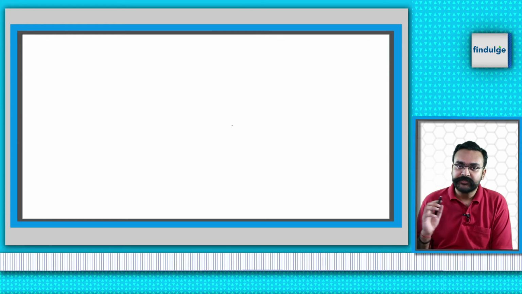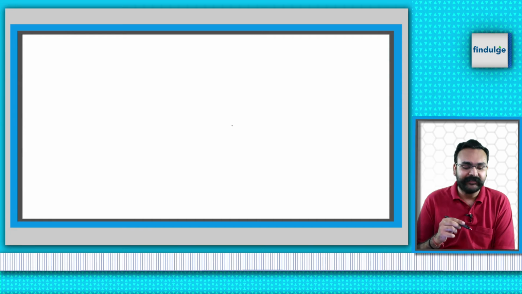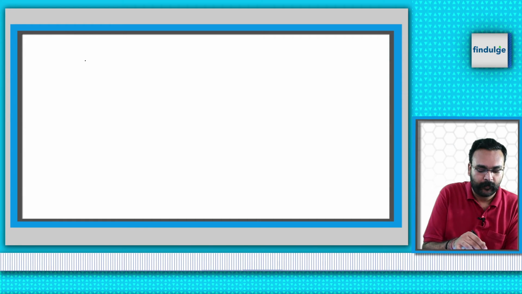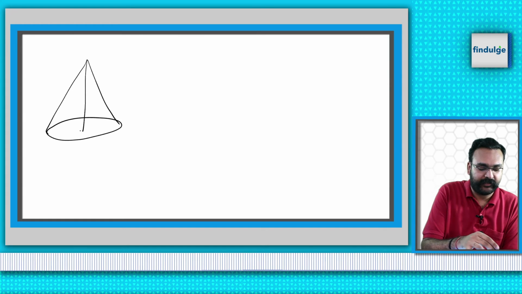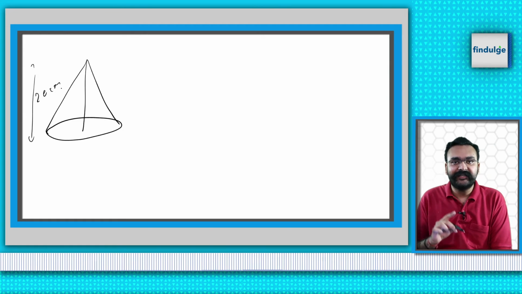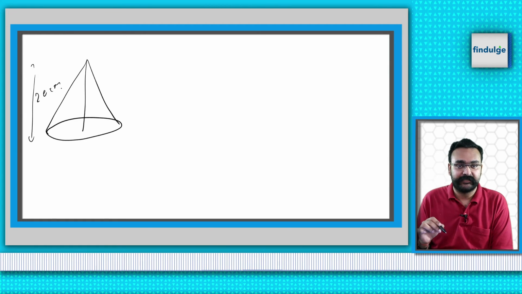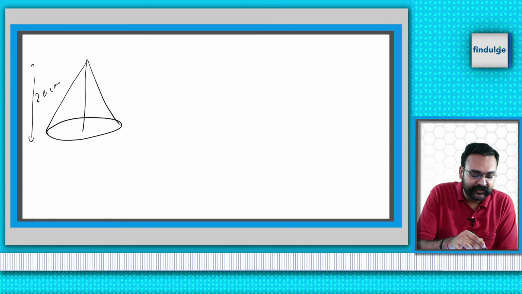The question, as you can see, tells us that we have a cone of height 20 centimeters with vertical angle 60 degrees. Now vertical angle means this angle.